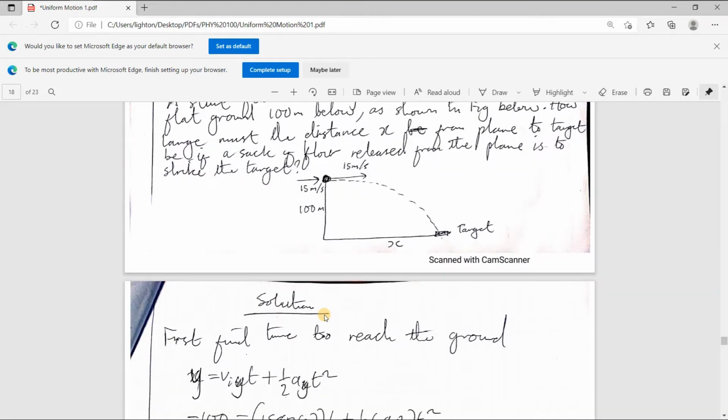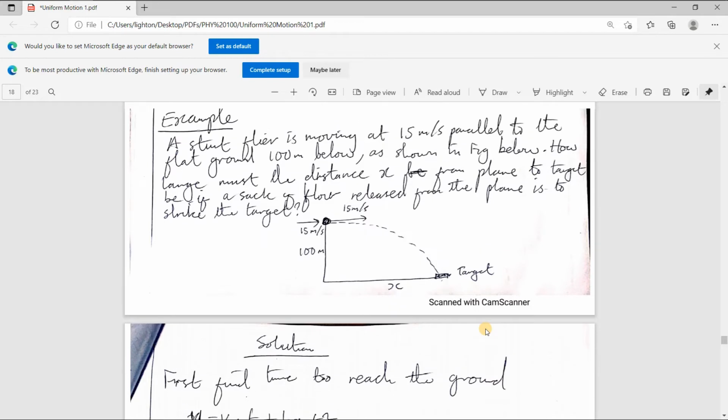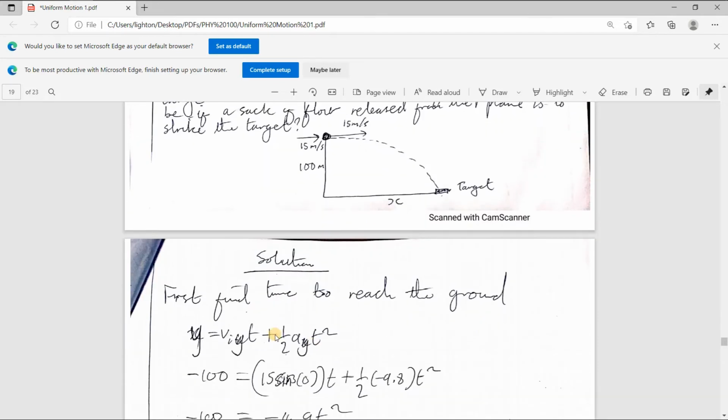And the solution: first find the time to reach the ground. As we did previously, we first found the time to reach the ground. The tool we have is the height, which is the negative displacement. As you can see, I've put a minus here, minus 100, because it is below this origin.